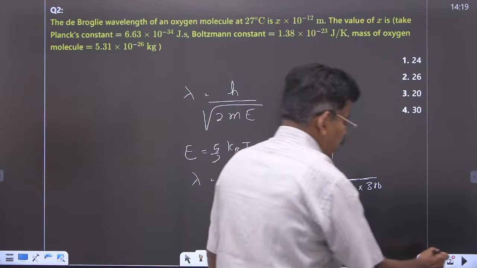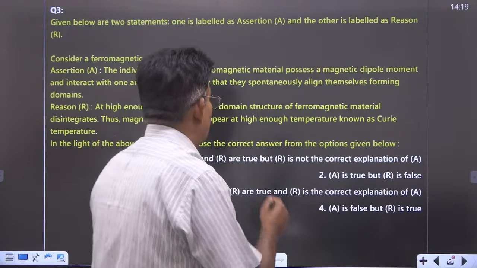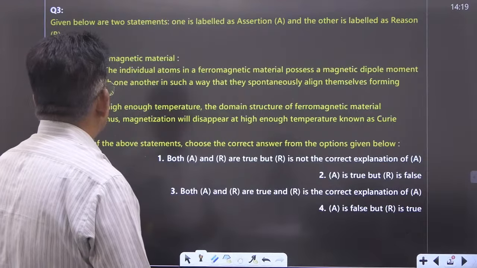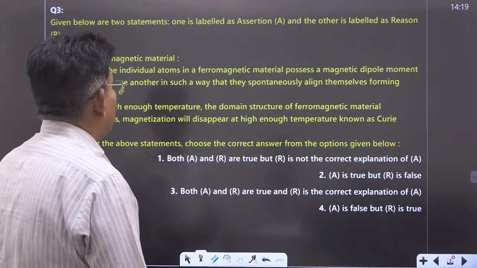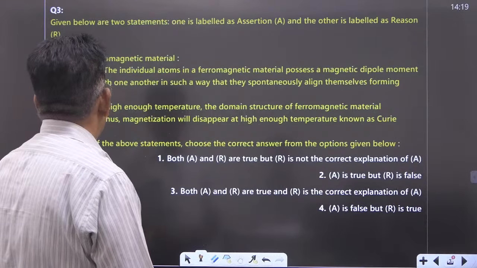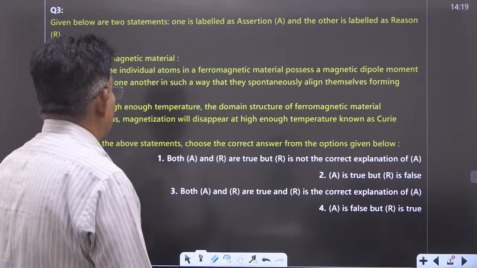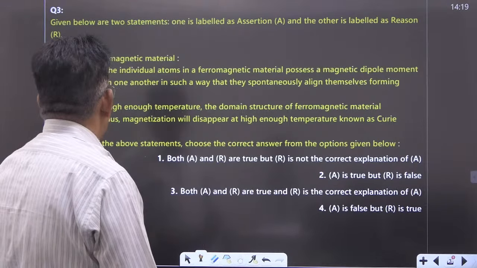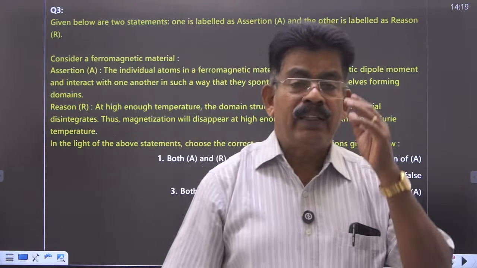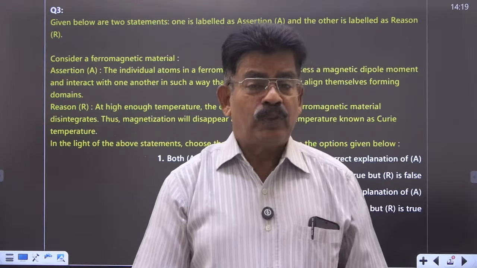Okay. Go to the next question. It's a theory question, an Assertion-Reason question. Individual atoms in a ferromagnetic material possess magnetic dipole moment and interact with one another in such a way that they spontaneously align themselves. That is domain theory of ferromagnetic materials. There are two aspects.